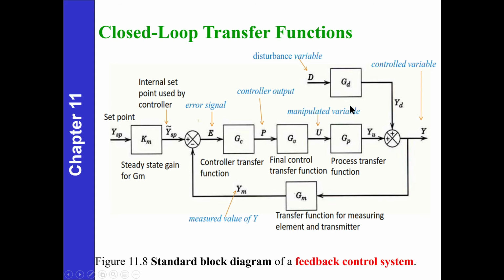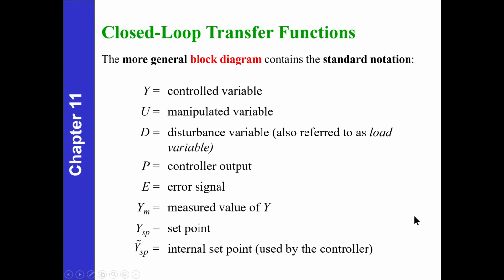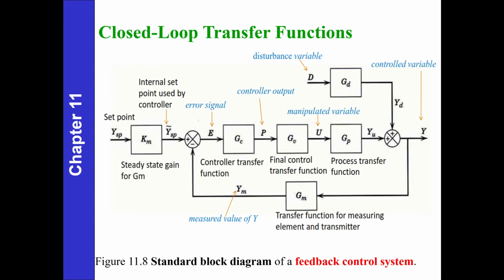Later on we're going to do a block diagram reduction. Here we have Y as a control variable, U is a manipulated variable, D is a disturbance variable, also referred to as a load variable.